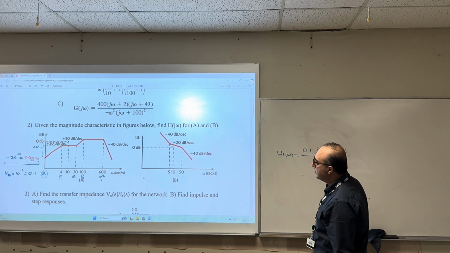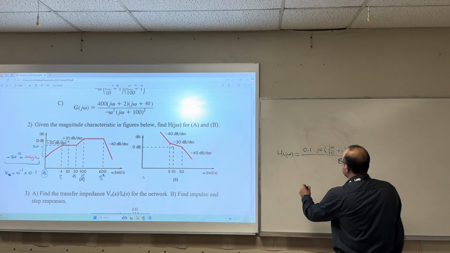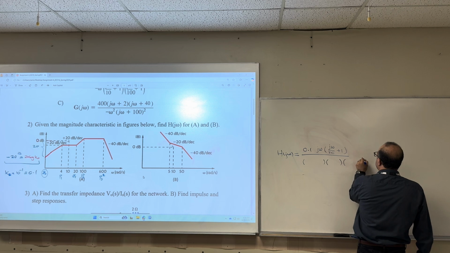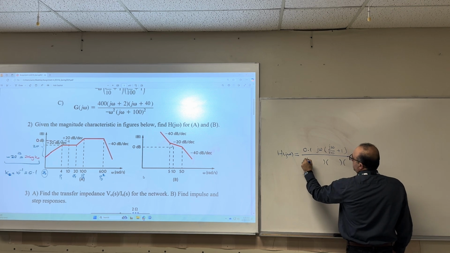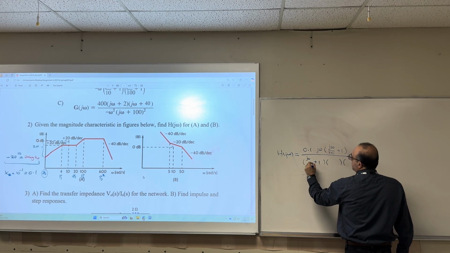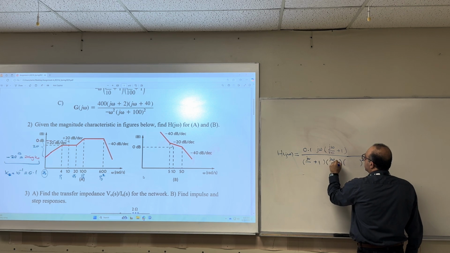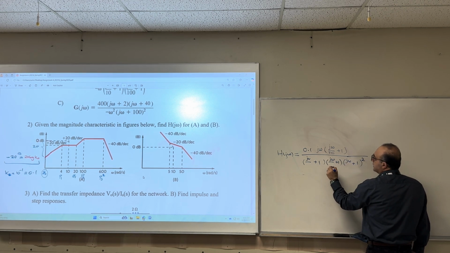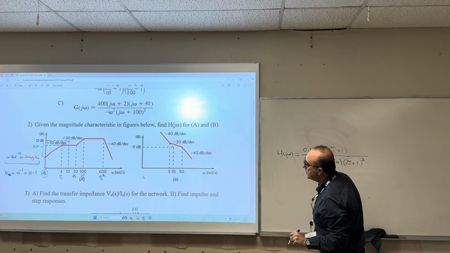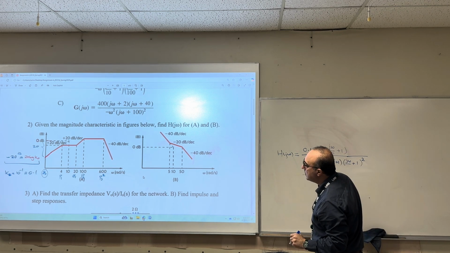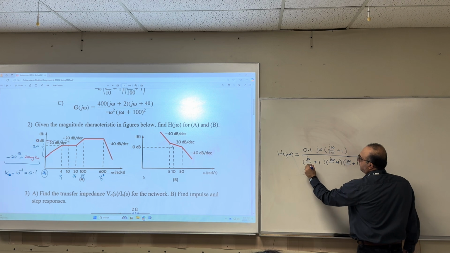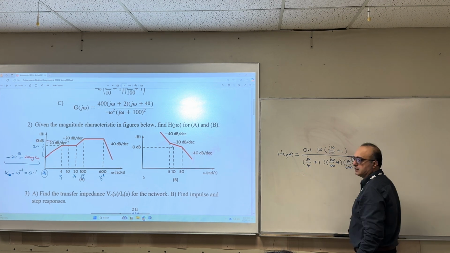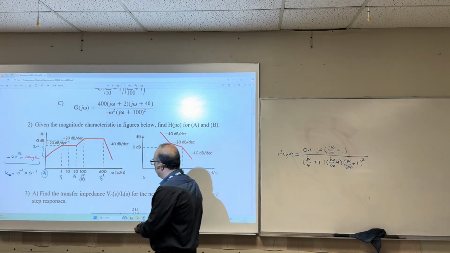Then I have 1, 2, 3 poles, which the last one is to the power of 2. j omega plus 1, j omega plus 1, j omega plus 1. And the first one is 4, 100, 600. Done.